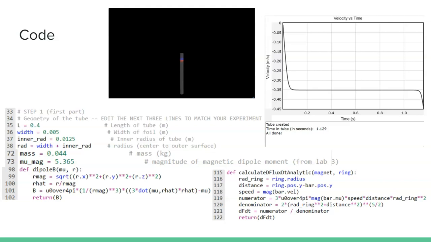For the pieces of code, I have me setting the values for the length, width, inner radius, the combined radius, the mass, and other things like that, and then me making the magnetic dipole function, which was also from Lab 3. And then after that is the function to calculate the delta flux over delta t.